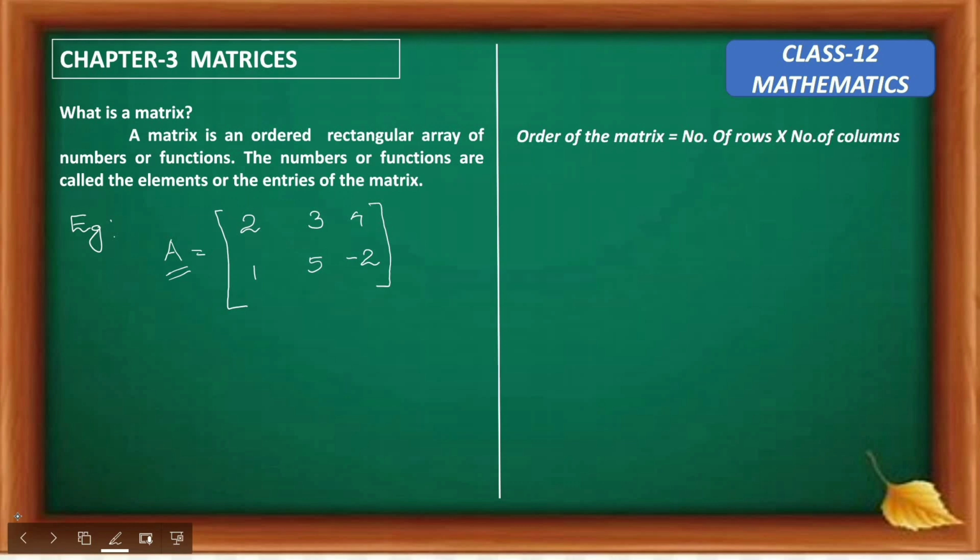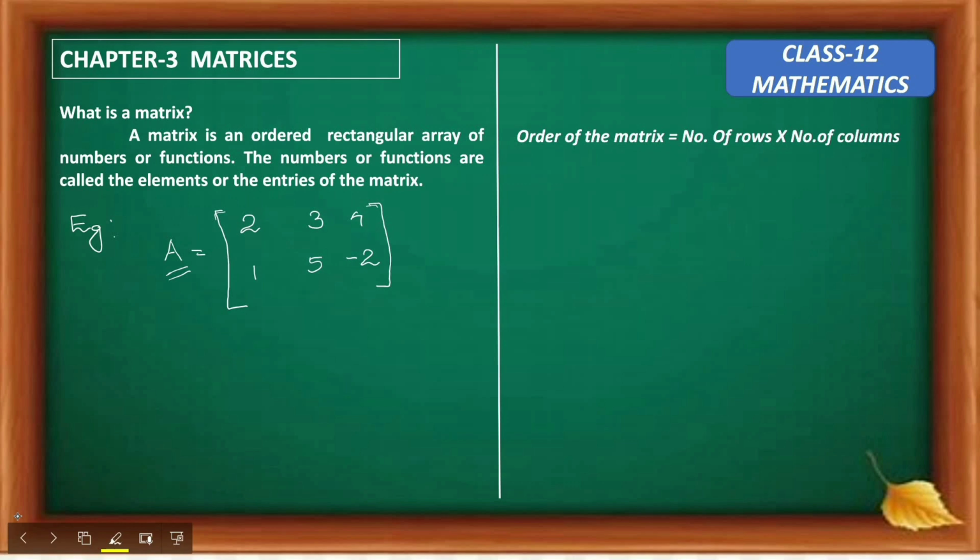Then we write the matrix inside the square brackets. Inside the square brackets you can write numbers or functions. Functions means cos x, sin x, x square plus 2x, like that. Any functions you can write, otherwise any numbers.